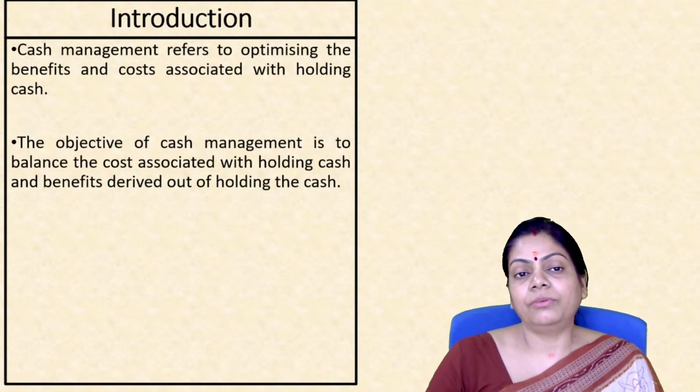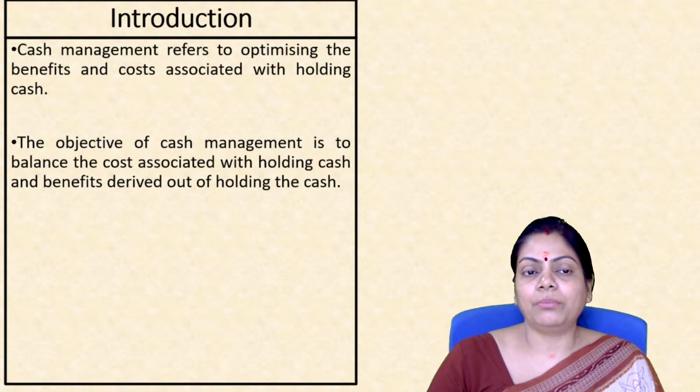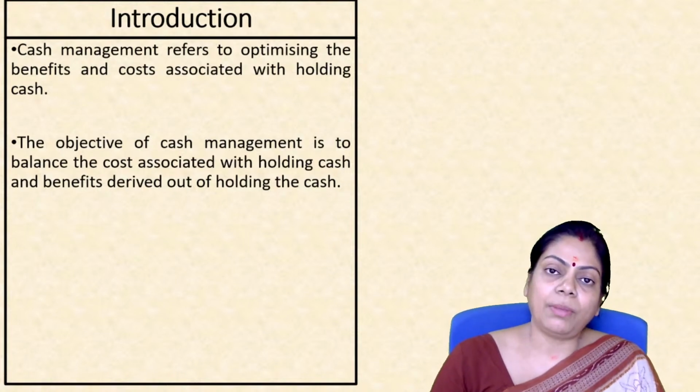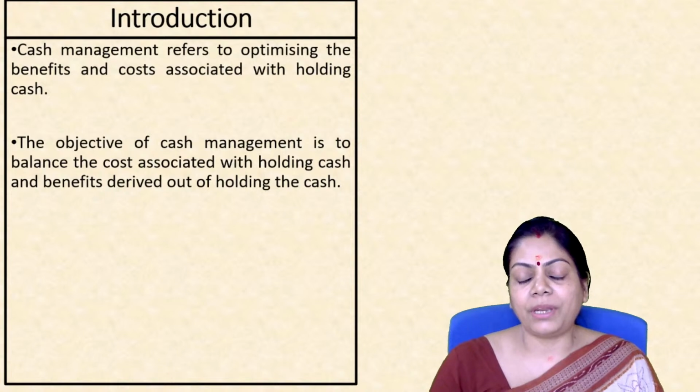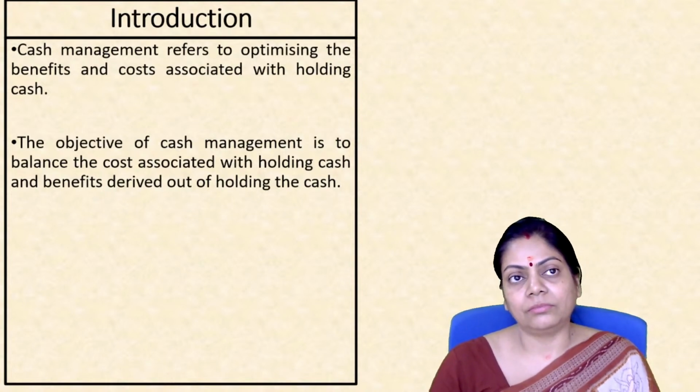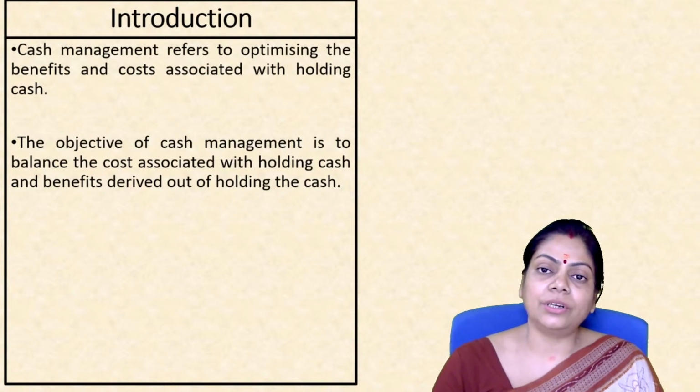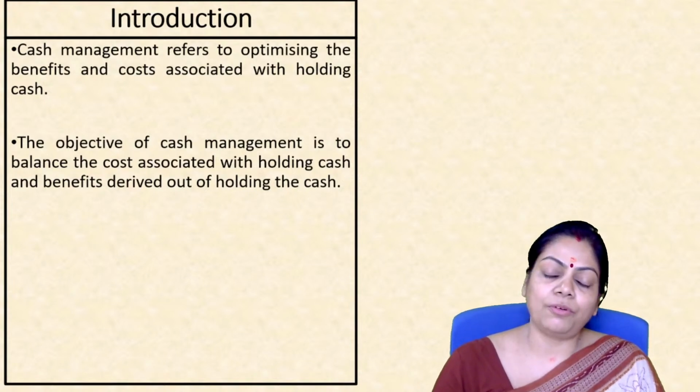Now, when we talk about cash management, I'm basically referring to a balance between whether to have a huge amount of cash in hand, or a smaller amount of cash. If a manager is risk-taking by nature, he would like to have less cash, confident that he can manage with it.